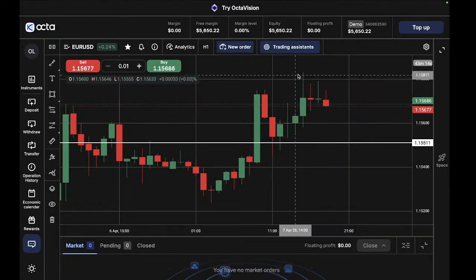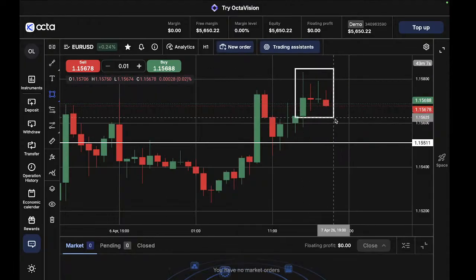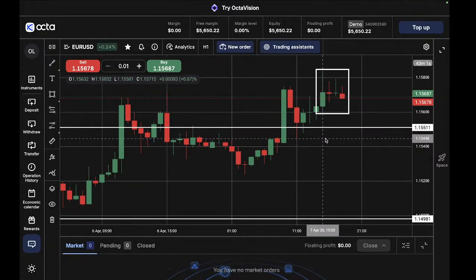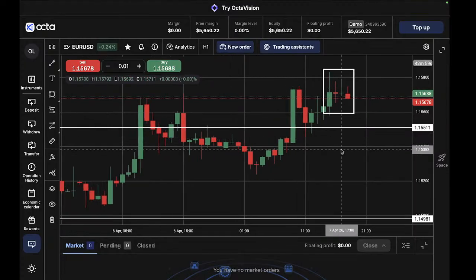What do these signs tell you? This candlestick here. You can tell me the type of candlestick you see here and what they actually depict. I need a response in the chat, guys.